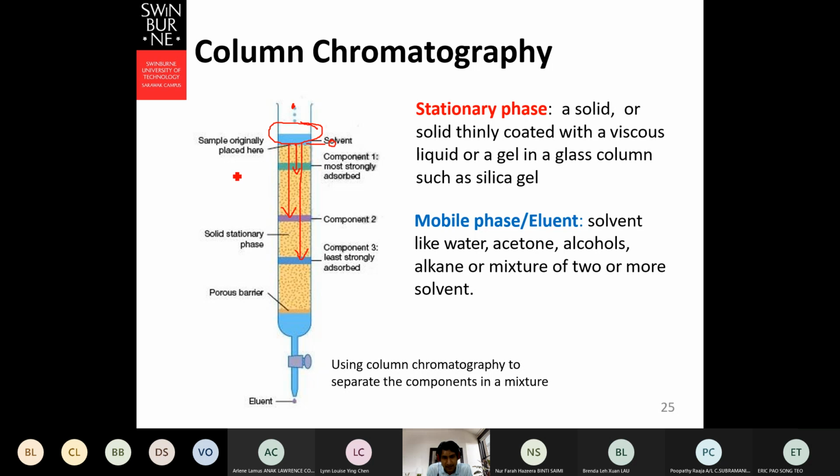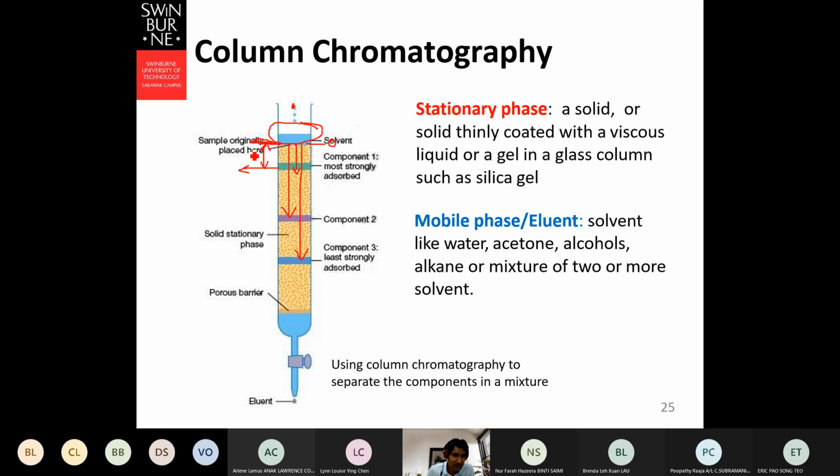All right. Here it looks higher, but actually it is the same thing, because this is the zero line here. The closest one has the same polarity as the mobile phase.